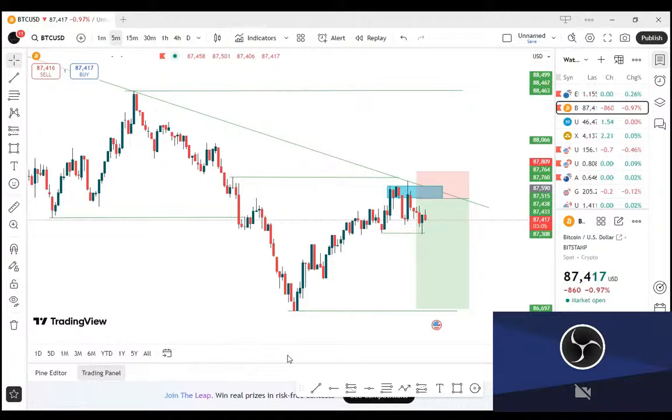The sellers are doing what from there. Price not on top of that zone. Let's see this market.